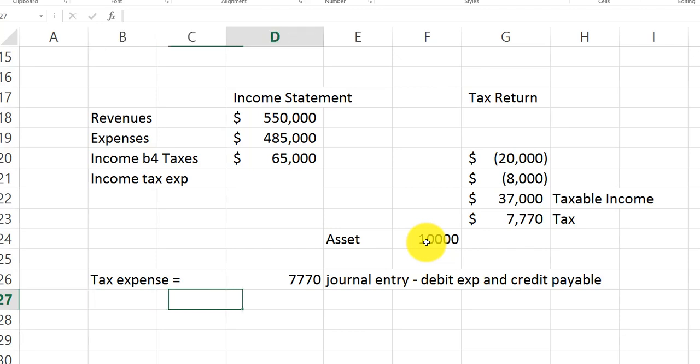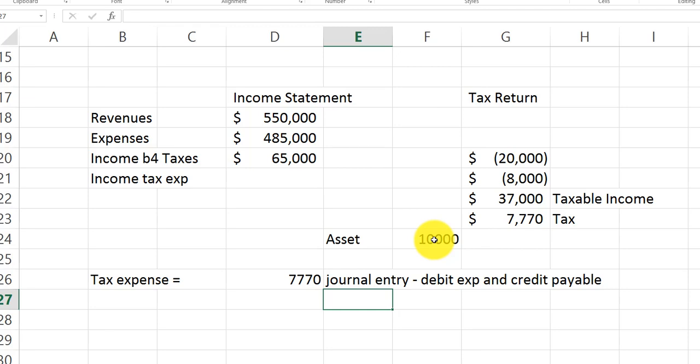So how much is the difference? Well, in the first year, it's easy to see the difference because you know that the difference is $2,000 versus $10,000, or an $8,000 amount, okay? Difference in our depreciation.